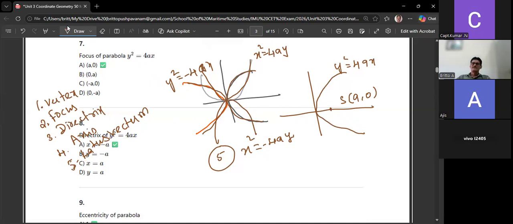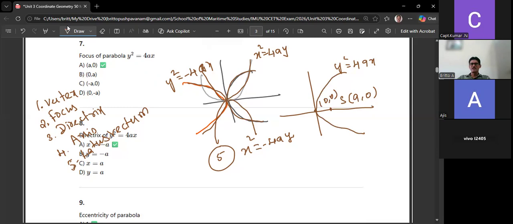Now, for the first parabola y squared equal to 4ax, the vertex is the point where the parabola curve intersects the x-axis. For this type of parabola equation, y squared equal to 4ax or x squared equal to 4ay, the vertex is always the origin, which is (0, 0).